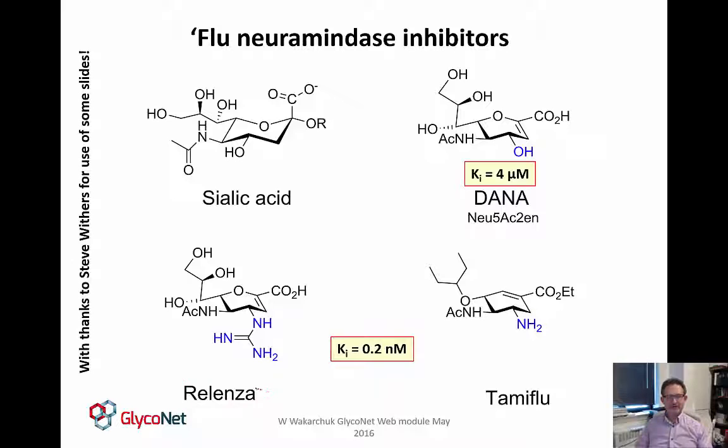In one particular case, just making derivatives of the sialic acid, where the 4-hydroxyl group is replaced by a 4-guanidino group. And in another case, a totally synthetic molecule based on a cyclohexene ring instead of the sugar ring here, giving rise to Tamiflu. And both of these compounds have Kis in the range of 0.2 nanomolar.